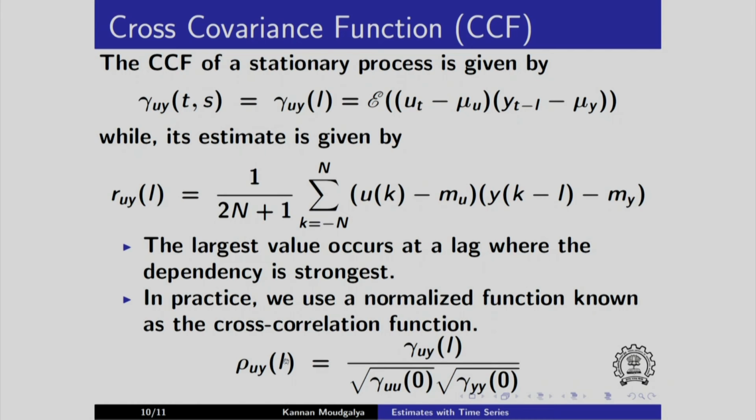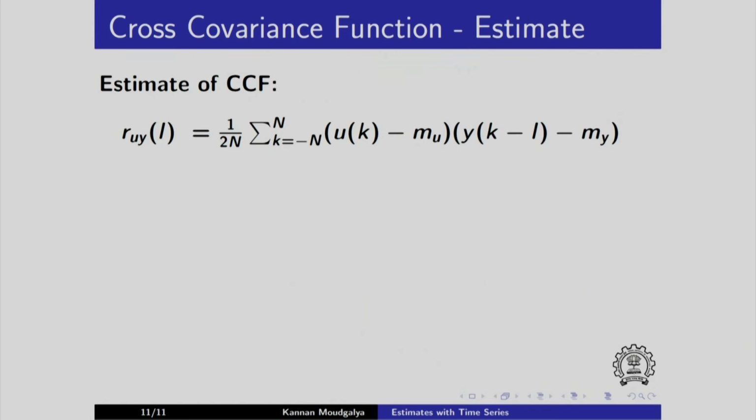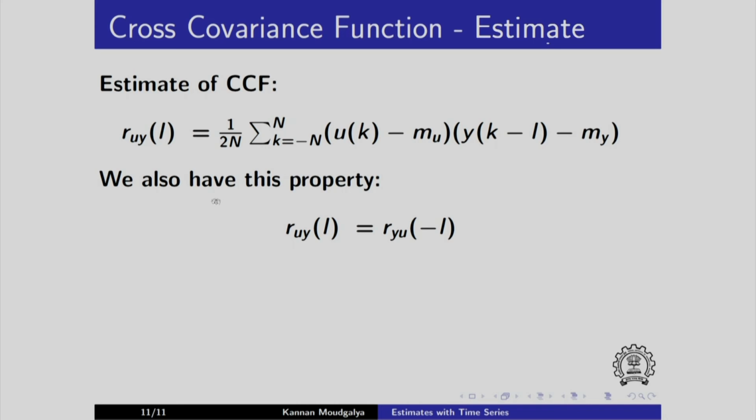We will estimate the cross covariance function now. It is easy for you to verify this property. Instead of gamma we use r for the estimate, and when you change the order the sign will change.